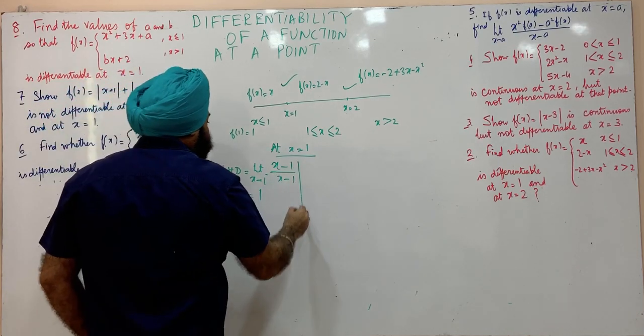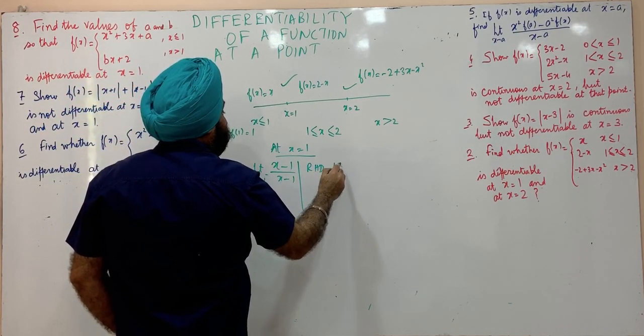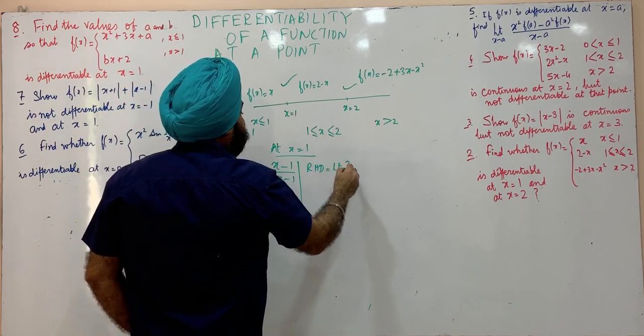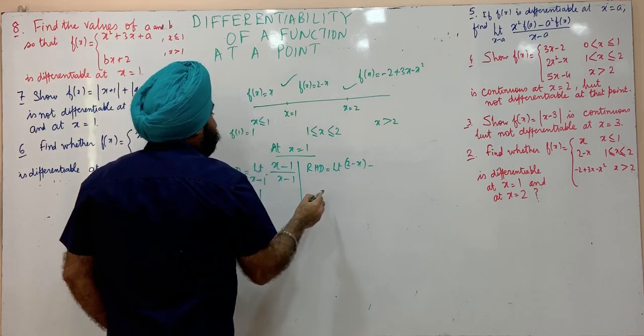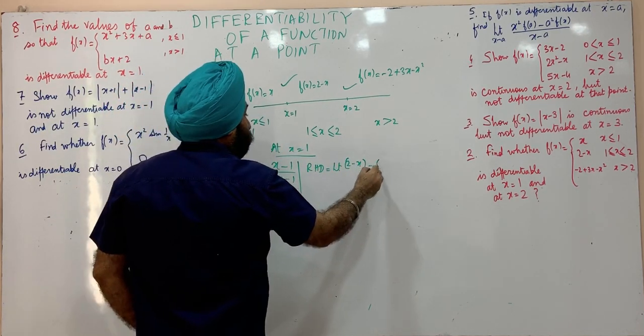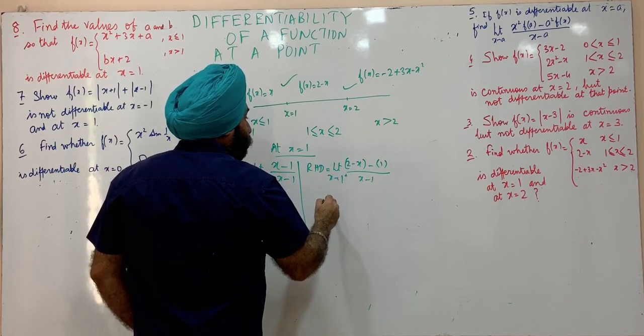Similarly, at the same point we find out the right hand derivative, it's limit of f of x to the right of 1, the function is 2 minus x, minus f of 1, f of 1 is same, which is 1, upon x minus 1 as x approaches 1 plus.